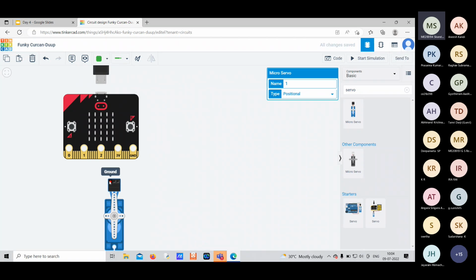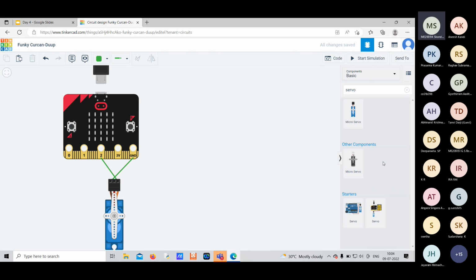This is the ground pin, so it can be connected directly to the ground. This is a signal pin that you can connect to any one of these three pins, but I choose to connect it to your second pin. And you see that your servo motor requires greater power than 3 volts.